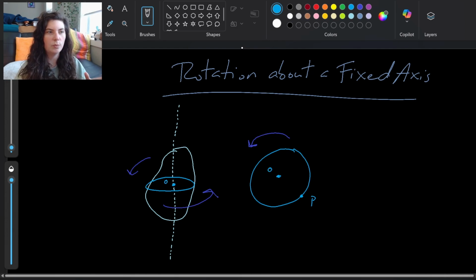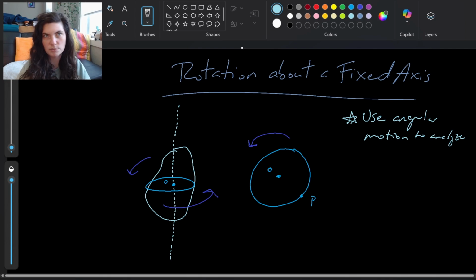So when we're looking at this rotational motion about a fixed axis, the way that we're going to want to analyze it is using angular motion. We're going to use angular motion to analyze rotation about a fixed axis problems.